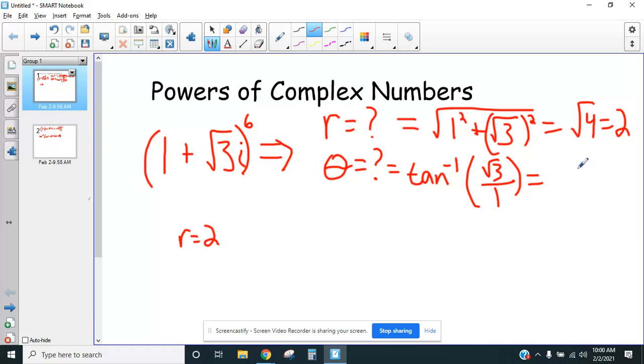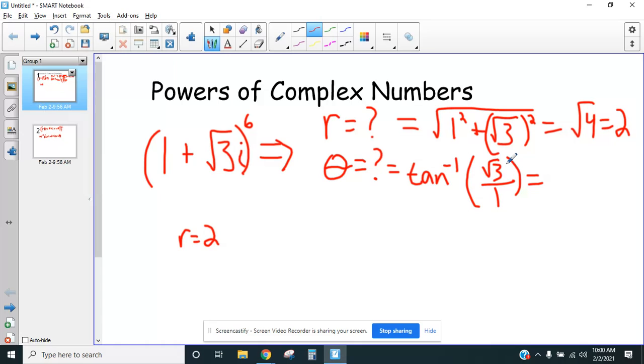Sometimes we had to add 180, sometimes 360, and all that fun stuff. So if we do inverse tangent of that, let me think. It'd be like this.